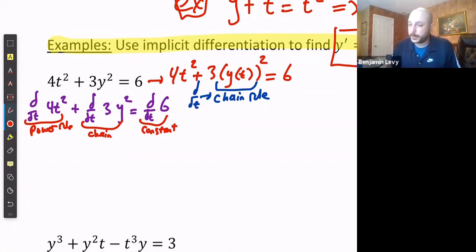We're differentiating with respect to t. And so for t squared, it's just a power rule. But when we do d over dt of y, y has a t in it that we can't see. And so that's where it becomes a chain rule. We're differentiating a function at that point, right? And then when we do d over dt of 6, that's just a constant rule, and 6 becomes 0.